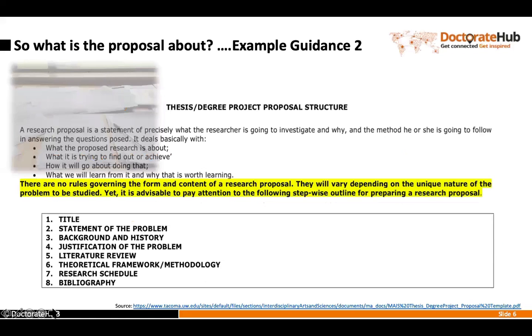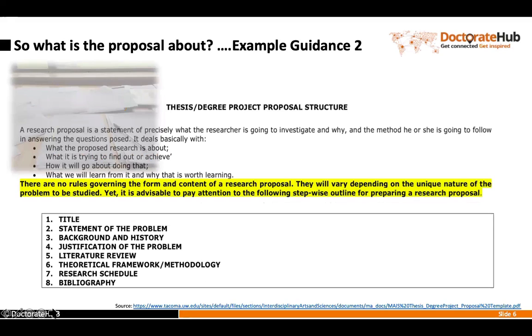Then, if we compare the thesis proposal with the subsequent thesis drafts, they will cover roughly the same elements. There will be a title, which is tentative.